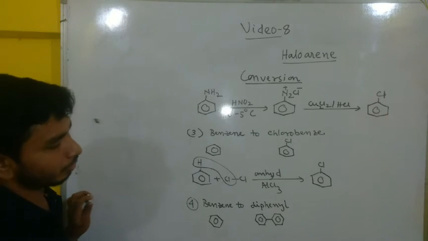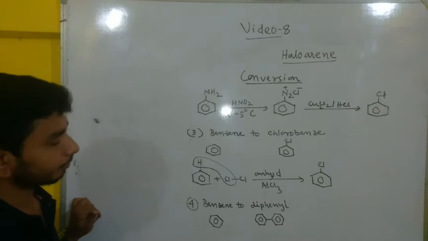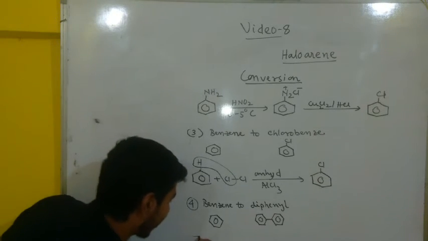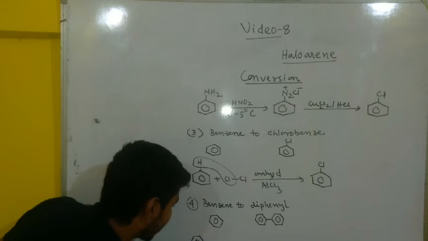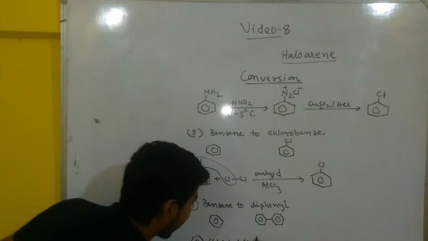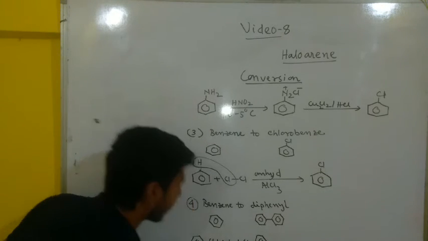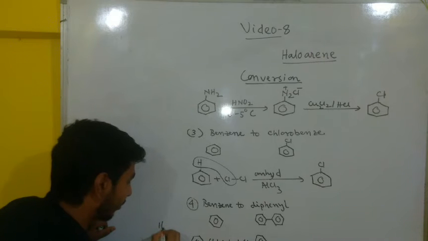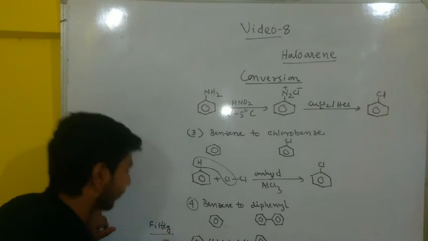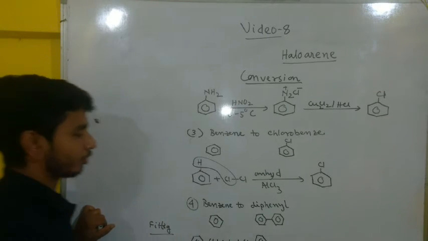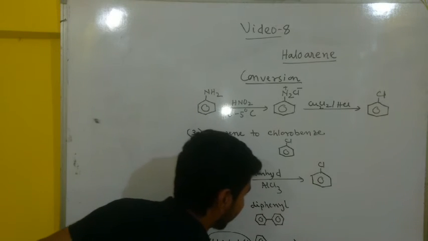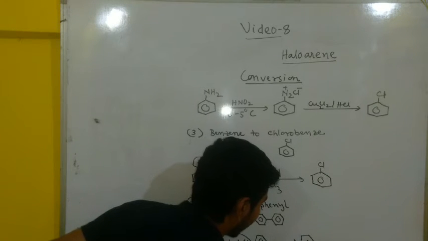In the Fittig reaction, we have seen that chlorobenzene on treatment with metallic sodium, NaCl is removed and we get diphenyl.